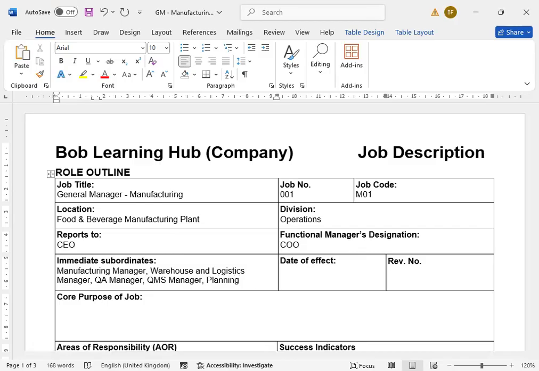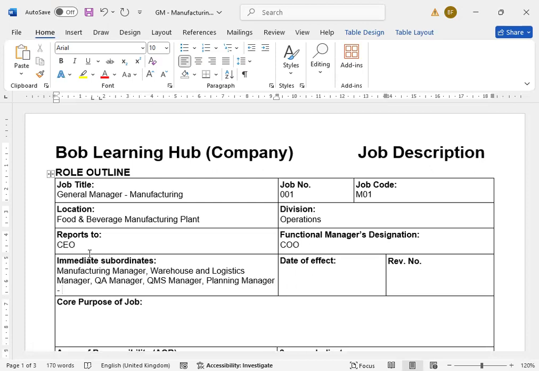Okay, so the planning manager would be inbound and outbound. So what is inbound? Inbound would be MRP. Okay, so what is MRP? Materials requirement planning. So this would be the raw materials.